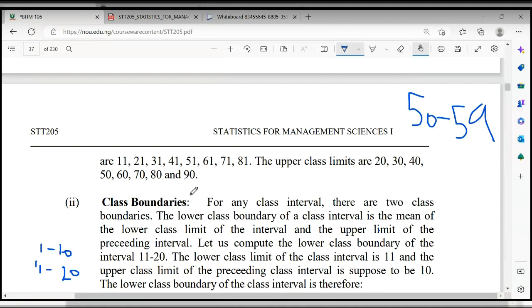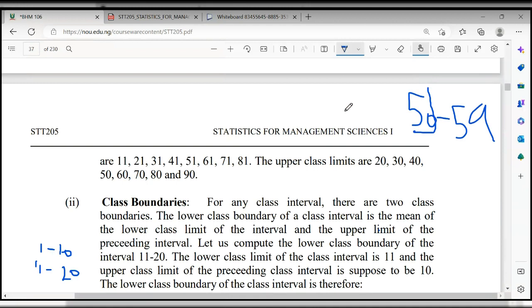But when it comes to class boundary, you need to work. If it is the lower class boundary, you add the lower class limit for the particular interval you're working on with the upper class limit for the preceding interval. Divide your answer by 2.